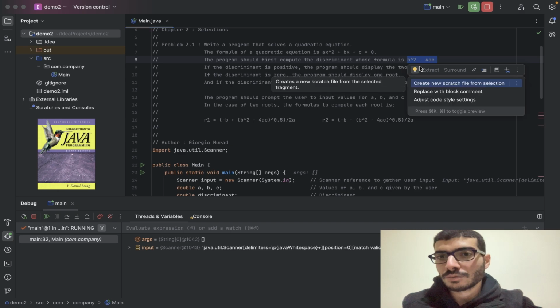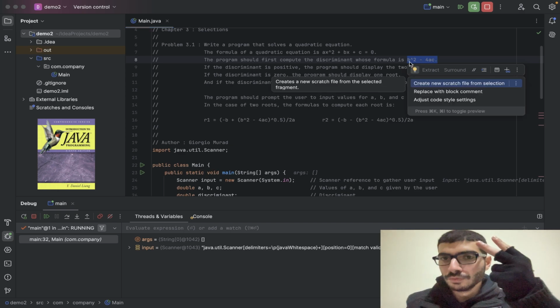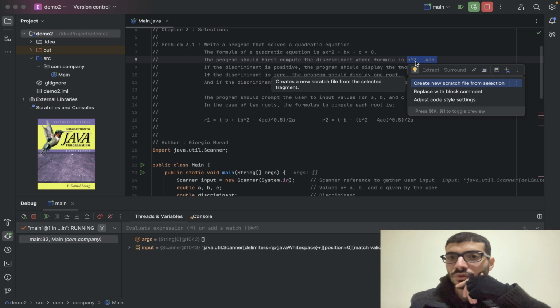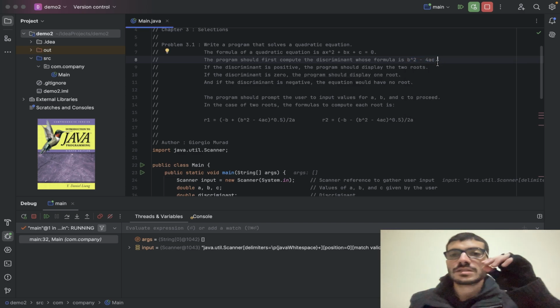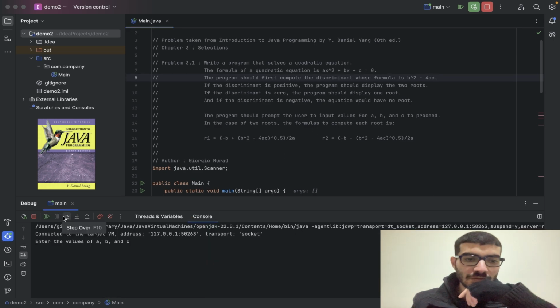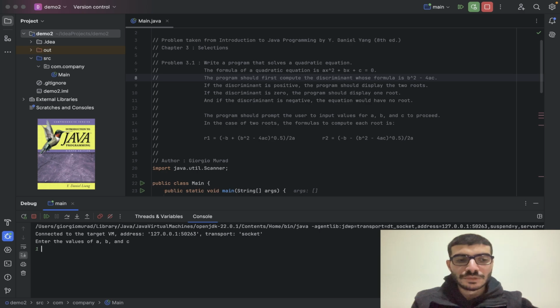To set the discriminant to 0, if I set B to 2, I get 2 exponent 2, 4, minus 4 times 1 times 1, 4. So 4 minus 4 would be 0. So that's how I get 0 as my discriminant. Let's try that. So A1, B2, and C1.